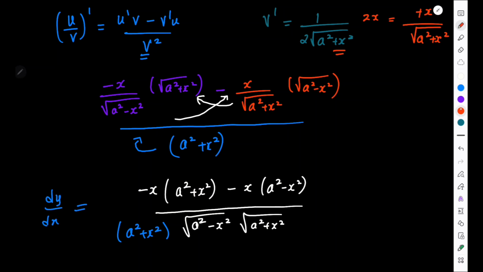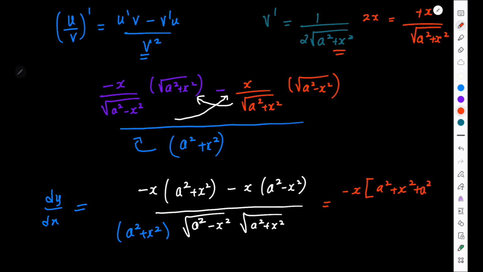Now you have to simplify this further, so you can take minus x out. If you take minus x out, we get a square plus x square and minus a square plus x square, and if you take minus out, this becomes plus.